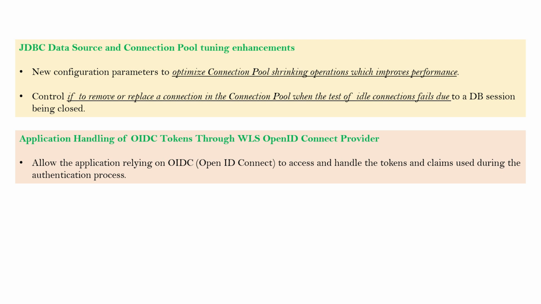Okay, and along with that, there is application handling of OIDC token through the WLS OpenID Connect provider. OIDC is OpenID Connect. When we configure our applications for authentication and authorization, we have multiple different ways in WebLogic Cloud where you can integrate with some third-party external authentication and authorization providers. OIDC OpenID Connect is one of them.